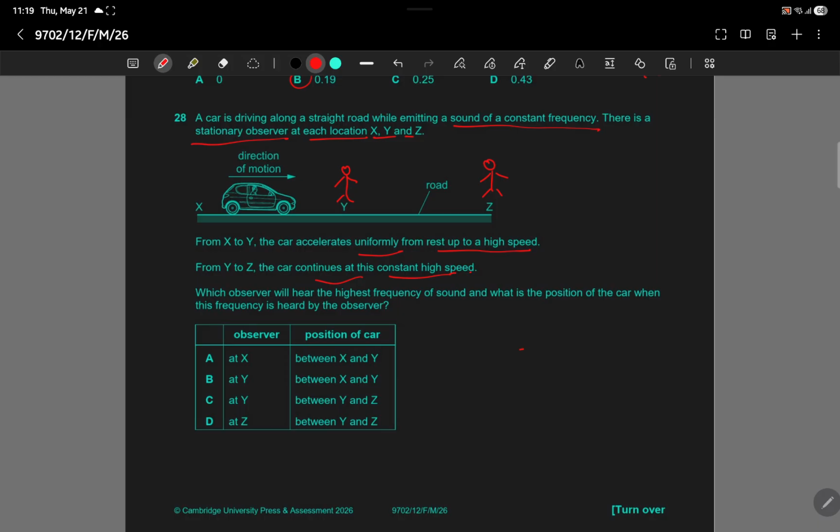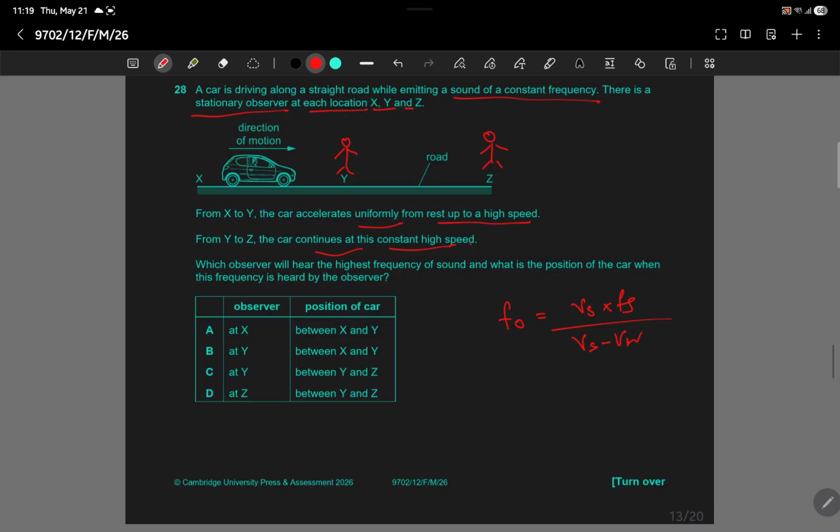So you can just use the formula for the observed frequency. Since the source is moving towards the observer, it's going to be minus here. If it was moving away, then it would be plus.